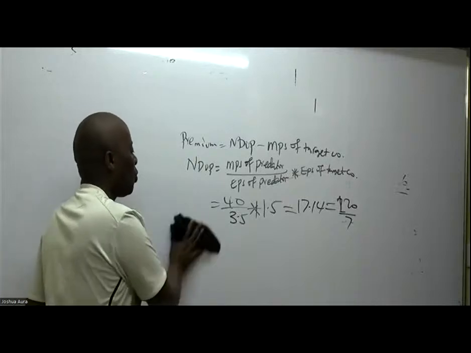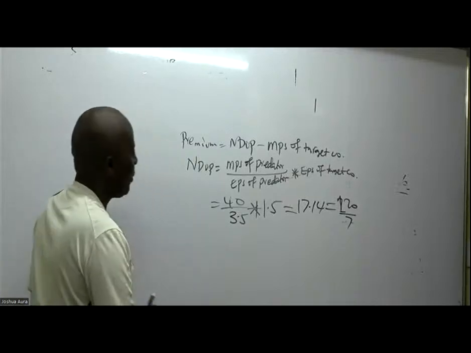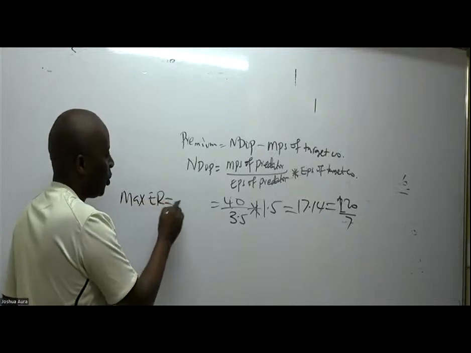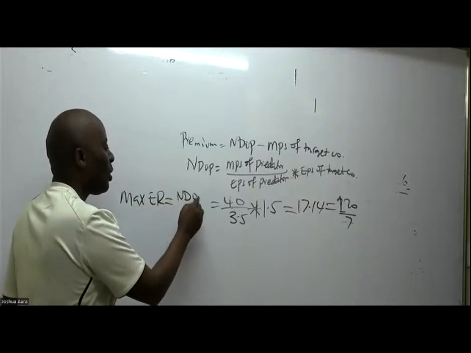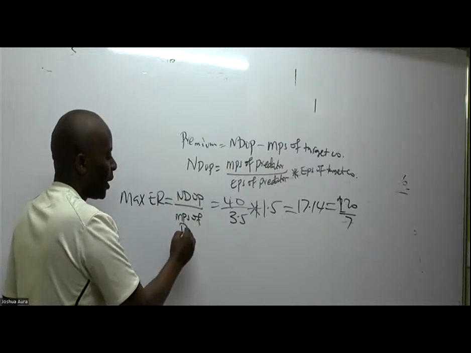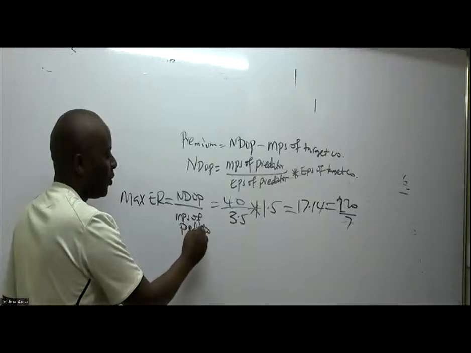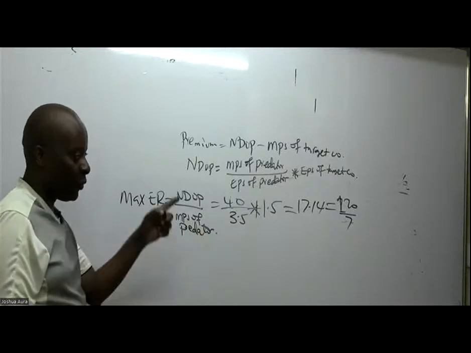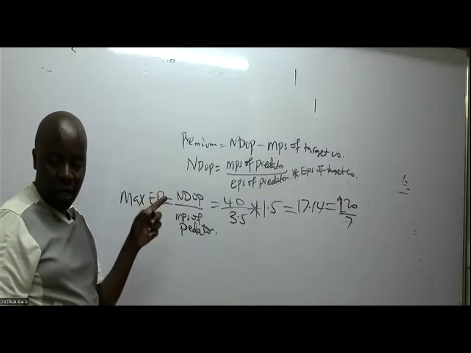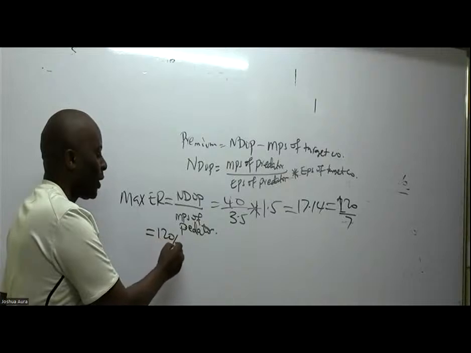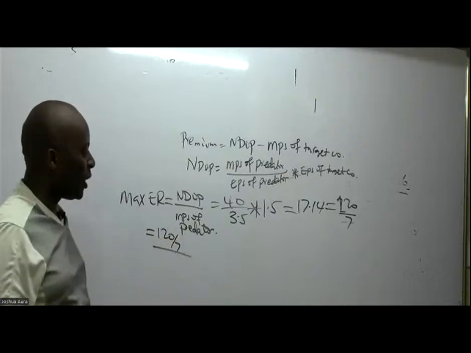So then if you want to use this formula of getting maximum exchange ratio, then remember, we also have this formula of saying DOP over MPS. I can see Mosioka is trying to say there that she was right. No. If you want to use this formula, you have to be very careful with the fractions. So you talk about DOP being 120 over 7. Now you divide this by what here?